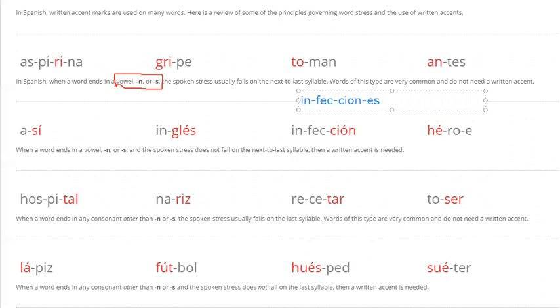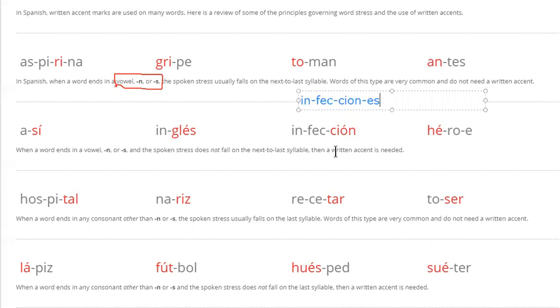It actually follows the rule of ending with an S and being stressed on the second to last syllable. So infección, when it's singular, is going to have a written accent mark on the O. But when it's plural, it falls back into line and there's no need for an accent mark anymore, because it actually follows the natural rule.